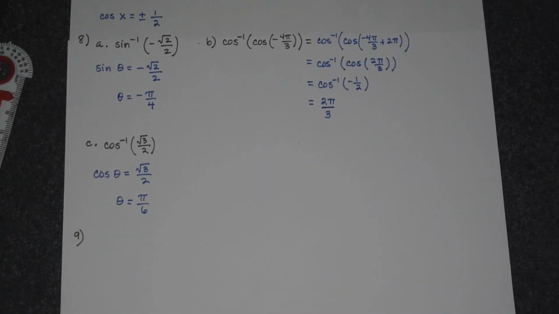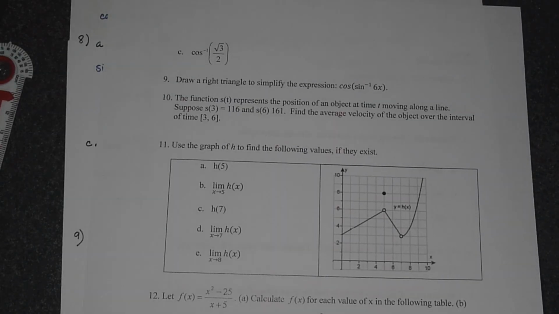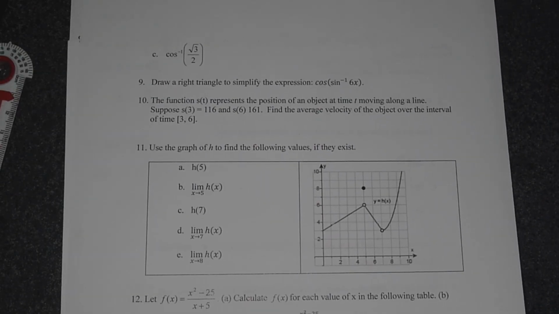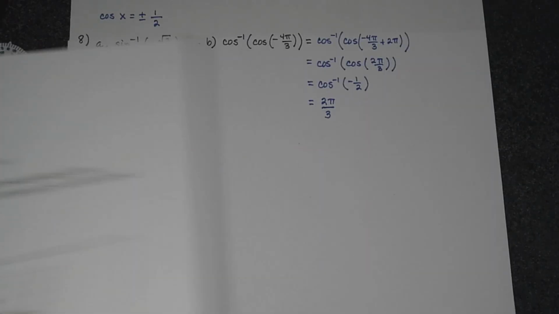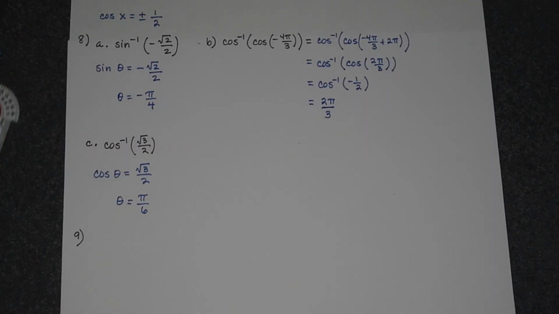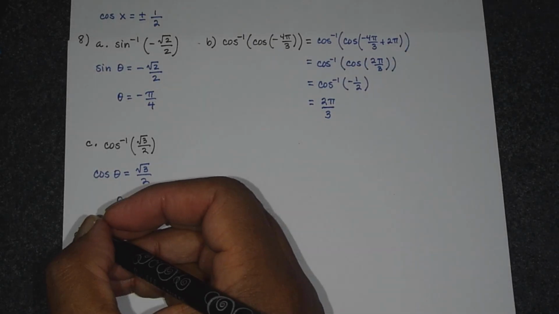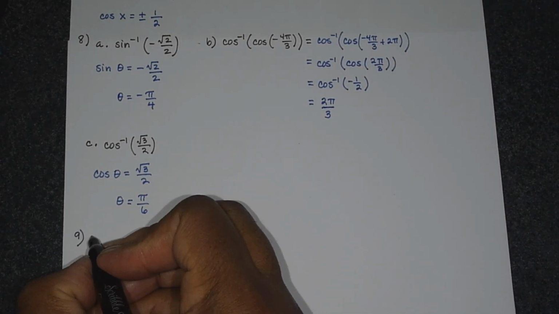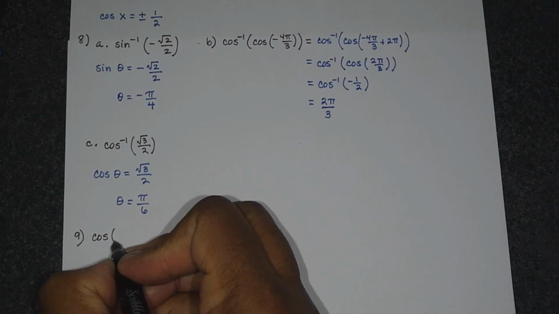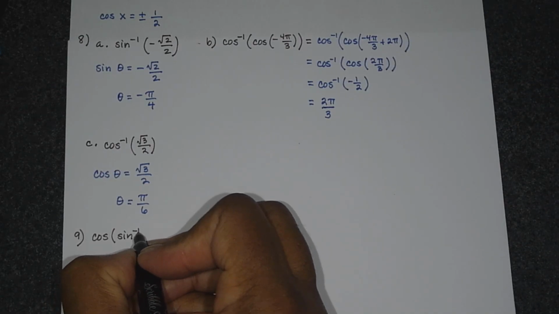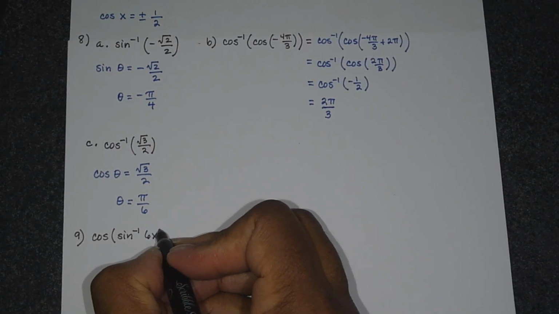Here we're going to draw a right triangle to simplify the expression of cosine of the inverse sine of 6x. So here we have the cosine of the inverse sine of 6x.